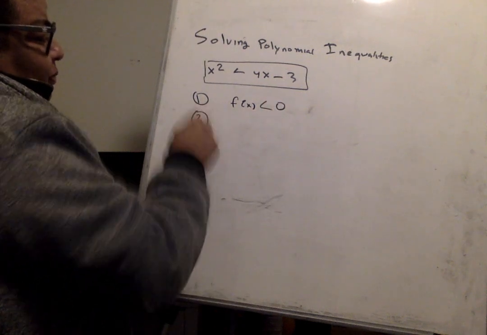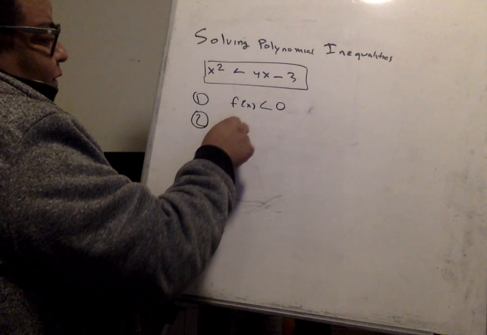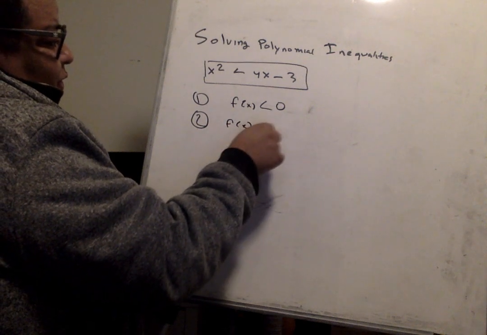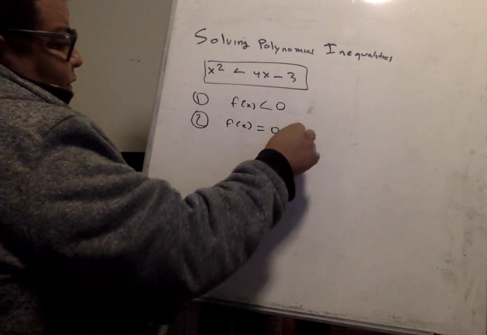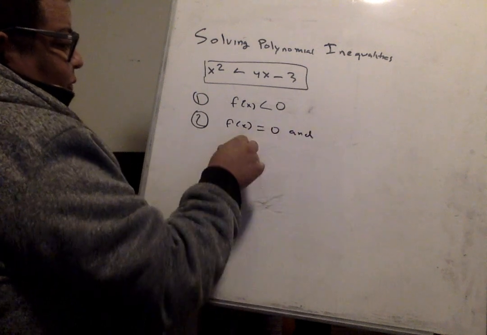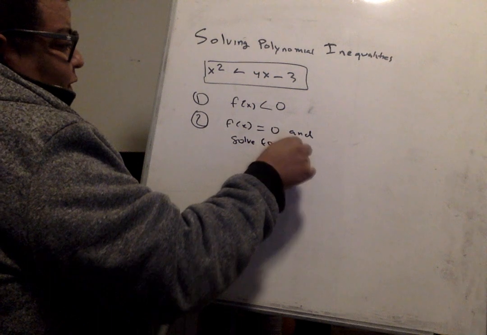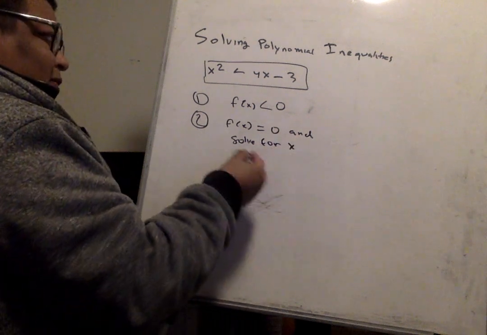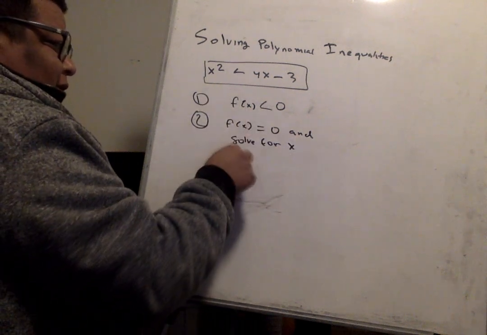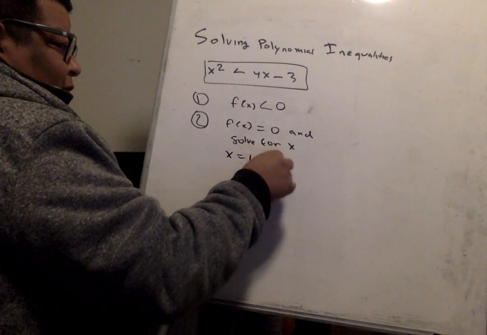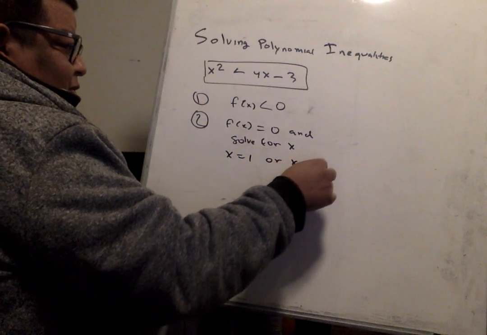Second step, let f of x equal 0 and solve for x. And from the previous example, we saw that x is equal to 1 or x is equal to 3.